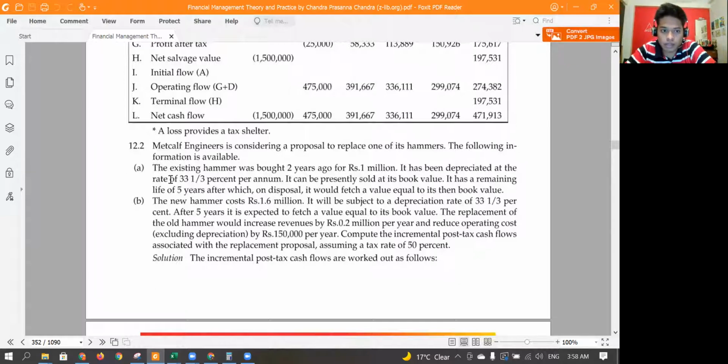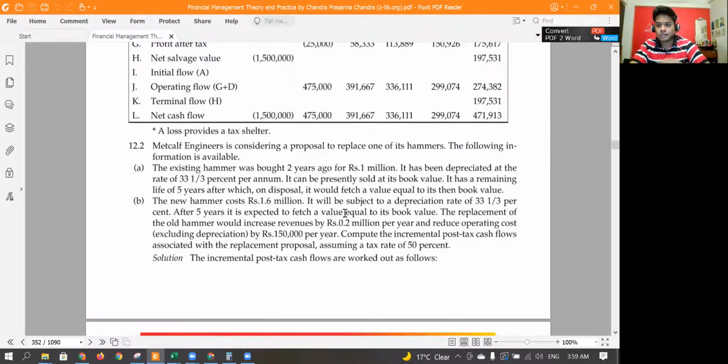I'll directly go into the question. Basically, it says that the existing hammer was bought 2 years ago for 1 million and depreciated at 33.33% per annum. It can presently be sold at book value, with a remaining life of 5 years, after which it can be disposed of and fetch a book value.